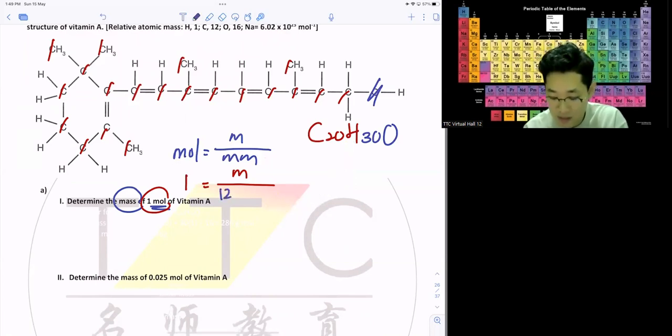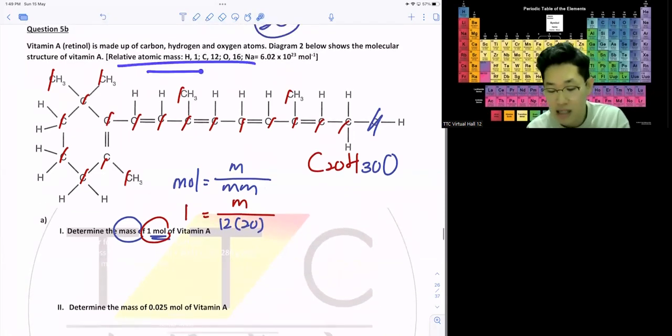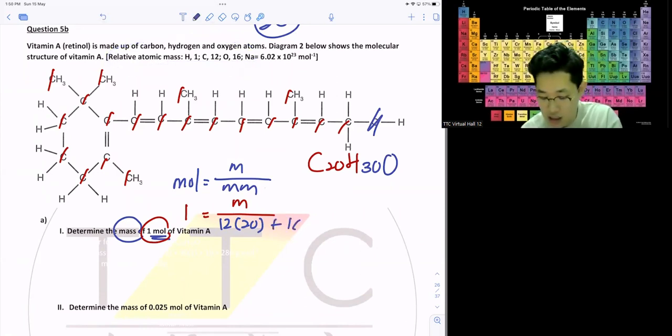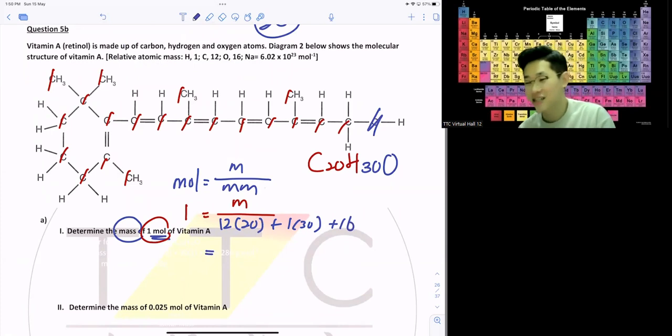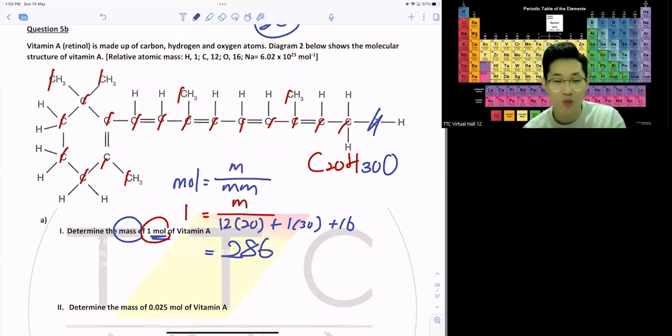So 12 times 20. This atomic mass will always be given in the exam. Plus H times 30 plus O, and our answer will be equal to 286. What is the unit for mass? Gram. Very good.